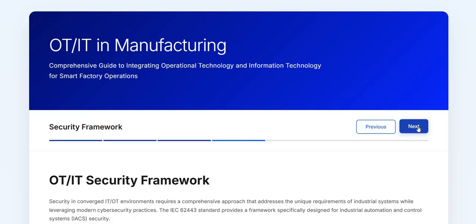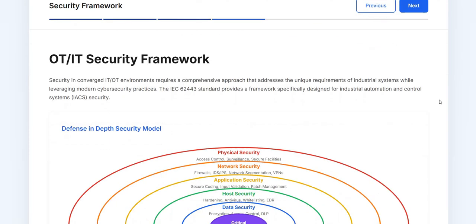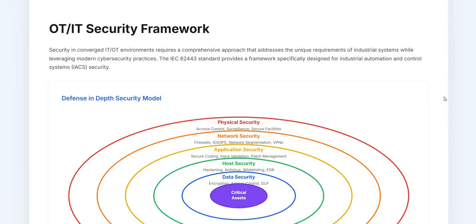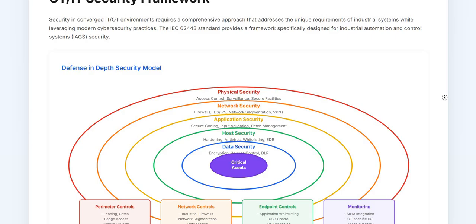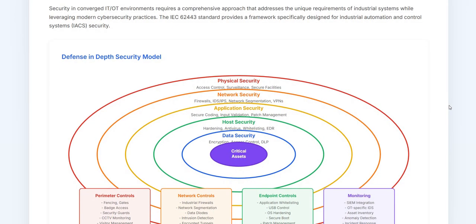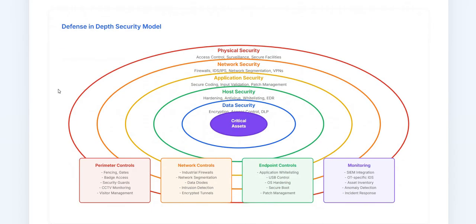Alright, now security, another important topic. Here, connected systems require layered safeguards aligned with industrial reality. Start from the outside.